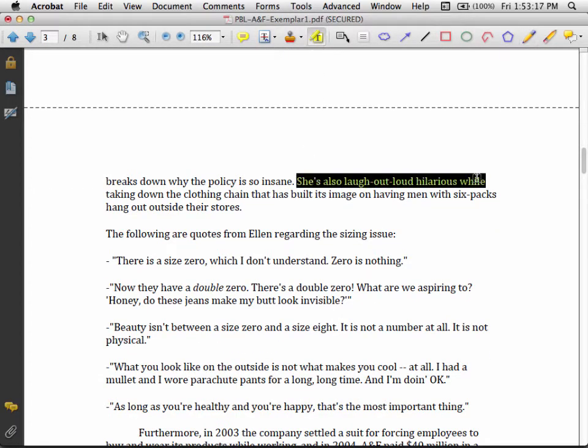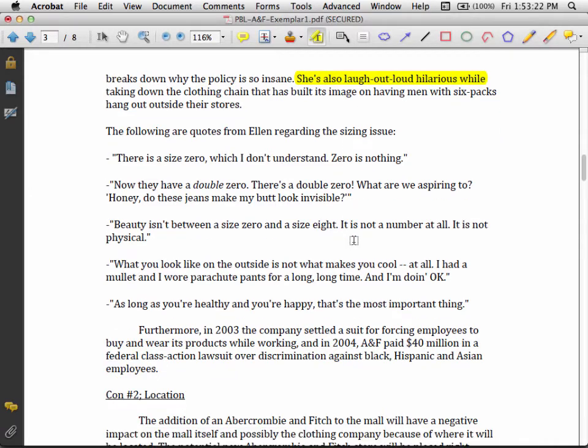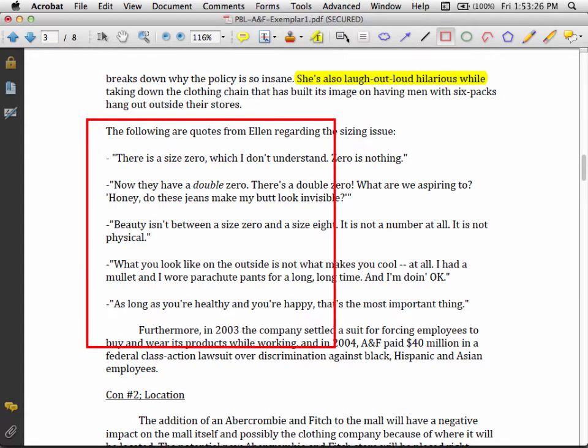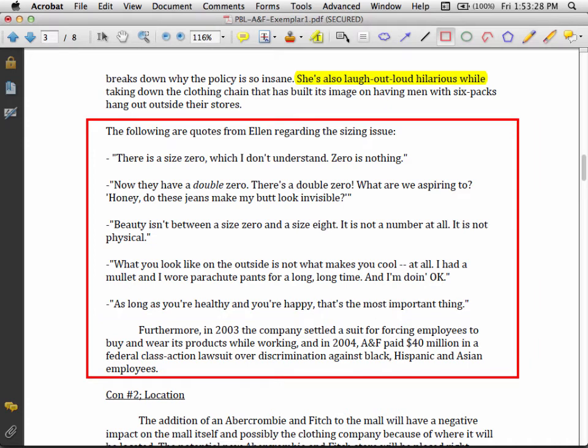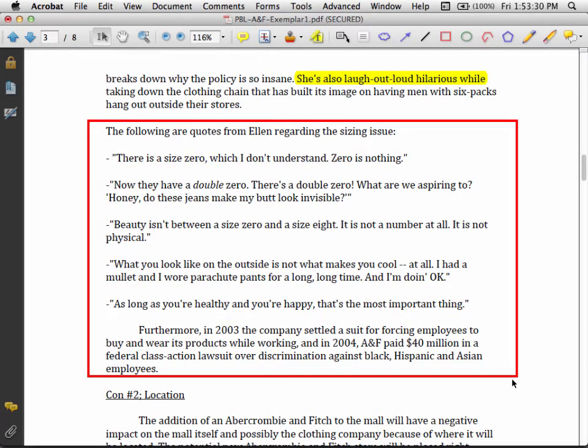Hey, she's laugh out loud hilarious. Well, that's great, but it has nothing to do with our support for what we're trying to do here. So we have almost half a page of quotes from an Ellen DeGeneres show. There is a size 0, which I don't understand. 0 is nothing, right? This does not add value. This is not research. This is fluff and filler. It's half a page of quips.